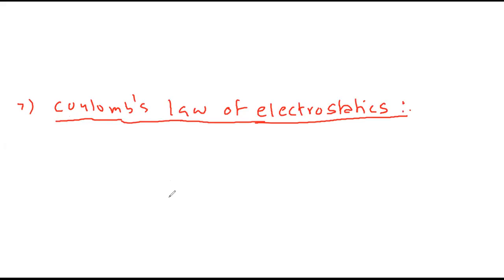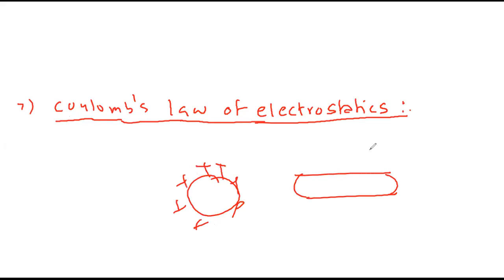See, we said like charges repel, unlike charges attract. One concept I didn't explain to you. Let me check whether you know. This is a body, positively charged. This is uncharged. What will happen? Attraction, repulsion, nothing. This is positive, and this is an uncharged conductor. So the negative charge of the uncharged conductor will move to the side of the positive sphere.